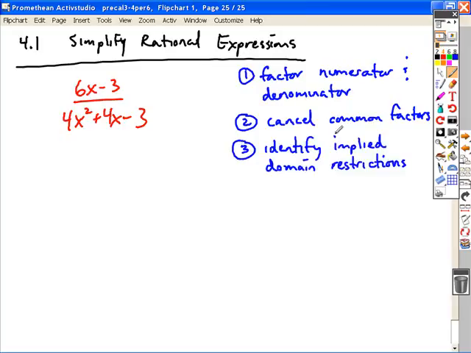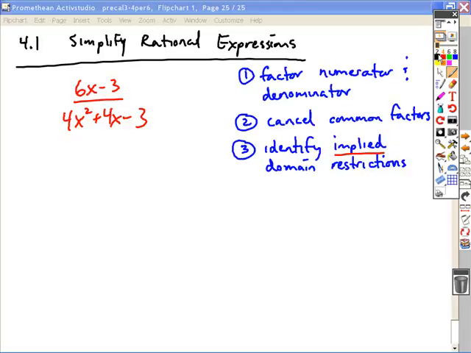All right, notice I said implied domain restrictions. Okay, you don't have to identify a domain restriction if it's apparent in the form of your expression. Okay? What you need to do is identify domain restrictions that got canceled out through the process of simplifying that expression. Okay, so here's the example I'm going to go through.